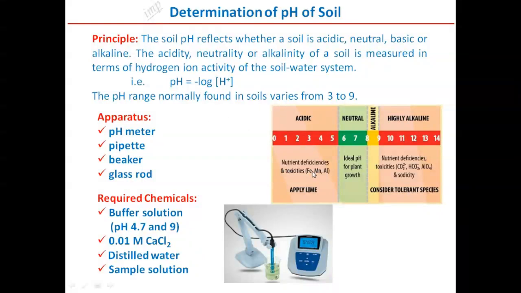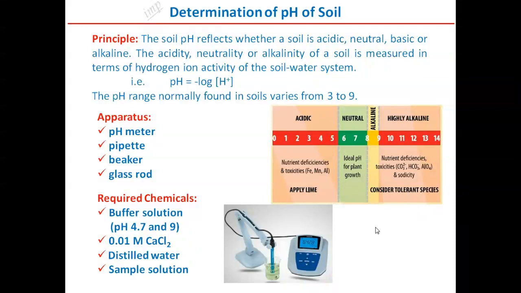You can see here, if the soil is acidic, then nutrient deficiencies and toxicity occur, for example iron, Mn, and aluminium. If the soil is highly alkaline, nutrient deficiencies and toxicities usually occur because of carbonate, HCO3, that is bicarbonate, and aluminum oxide.